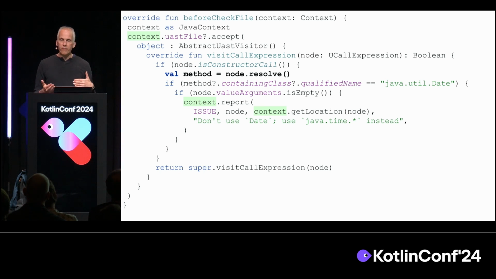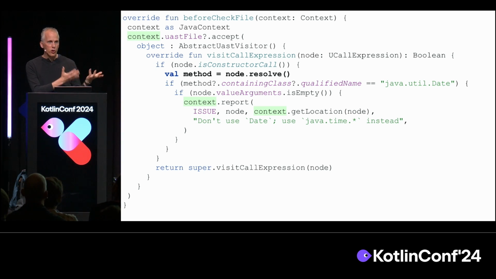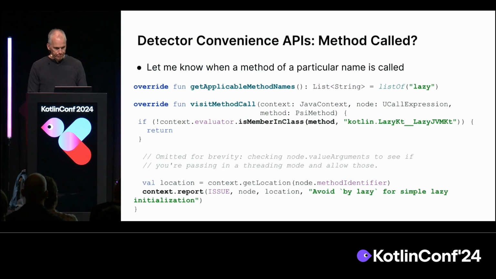And so this is a major advantage of using UAST even for Kotlin code, because resolving is a lot easier than with PSI. One thing to note, though, is that when you resolve, you don't point to a U element, you point into PSI. And that makes sense because you can call stuff that's in jar files, and there's no code there to reason about. But if you do resolve into code, we'll see later that it's very easy then to get back to UAST with the toUElement function.